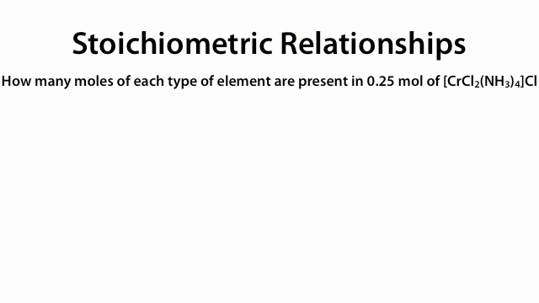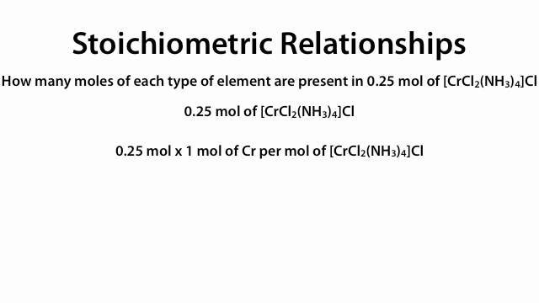An example question that we might see is, how many moles of each type of element are present in 0.25 moles of CrCl3(NH3)4Cl? So we have 0.25 moles of this complicated compound. How many moles of Cr atoms are present in this compound? We multiply 0.25 moles of the compound times 1 mole of Cr atoms per mole of the compound.